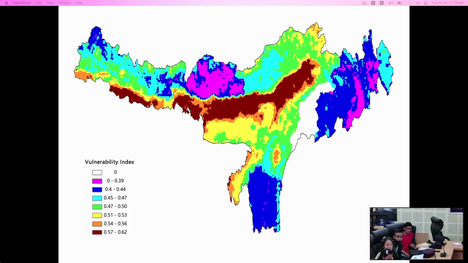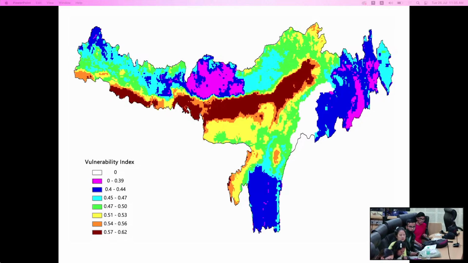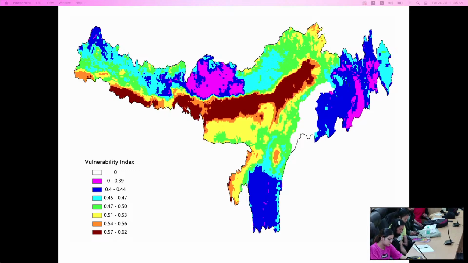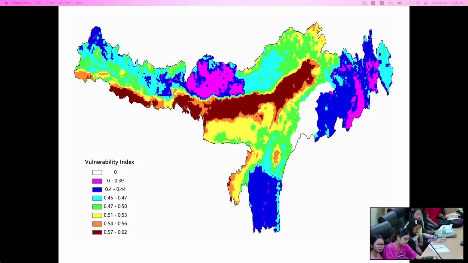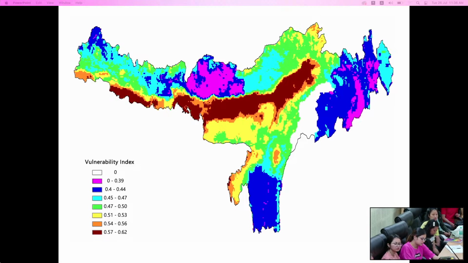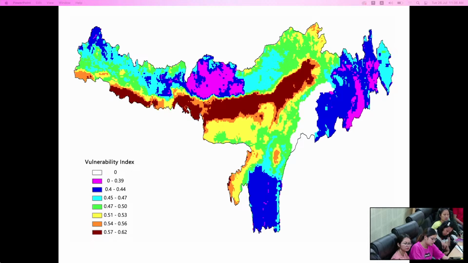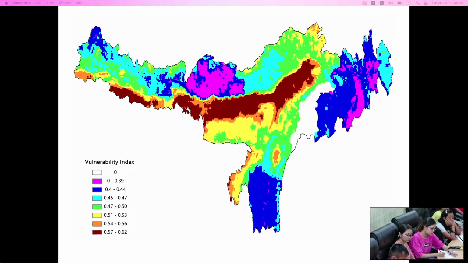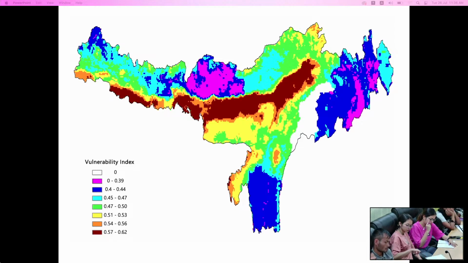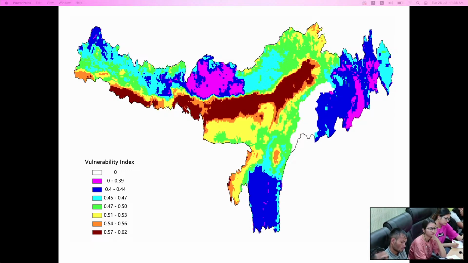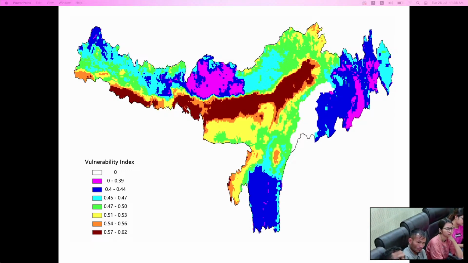Literacy rate may be low, sex ratio may be low, and infant mortality may be high, right? All these development parameters you apply, you will see they are low. That means the mortality rate may be high. So many things are combining together to make them vulnerable.